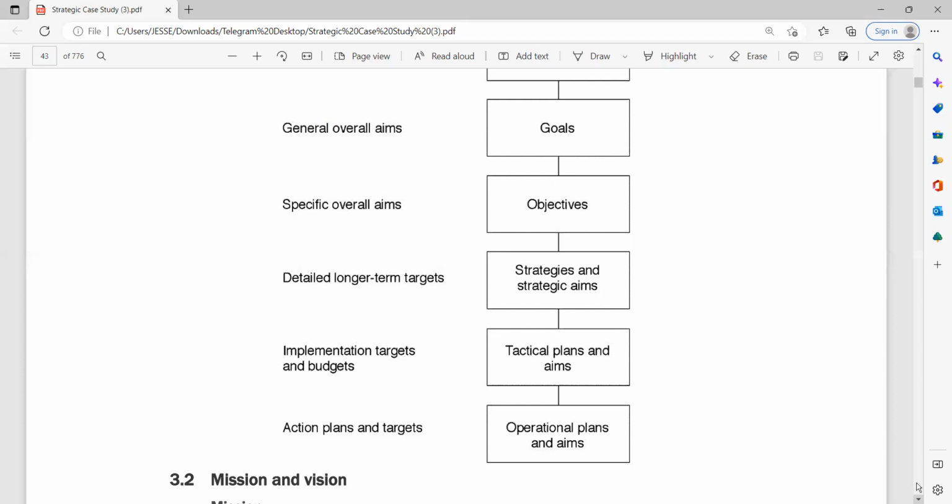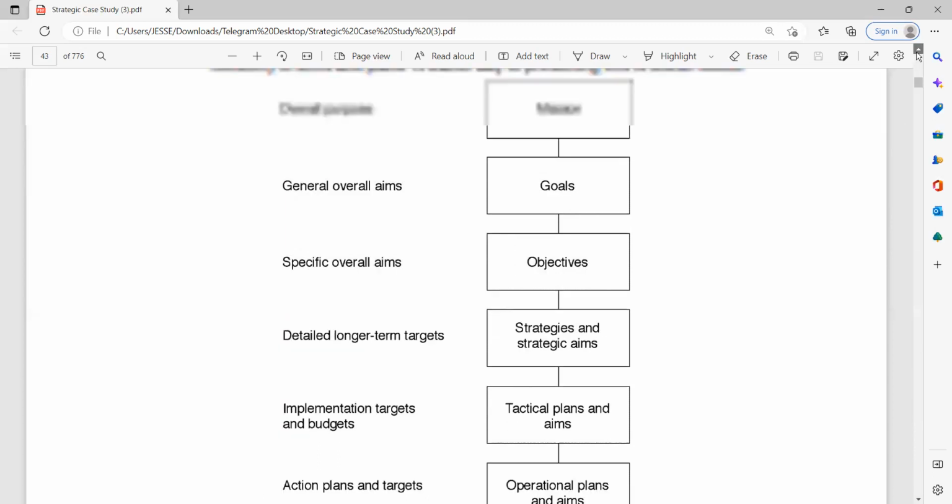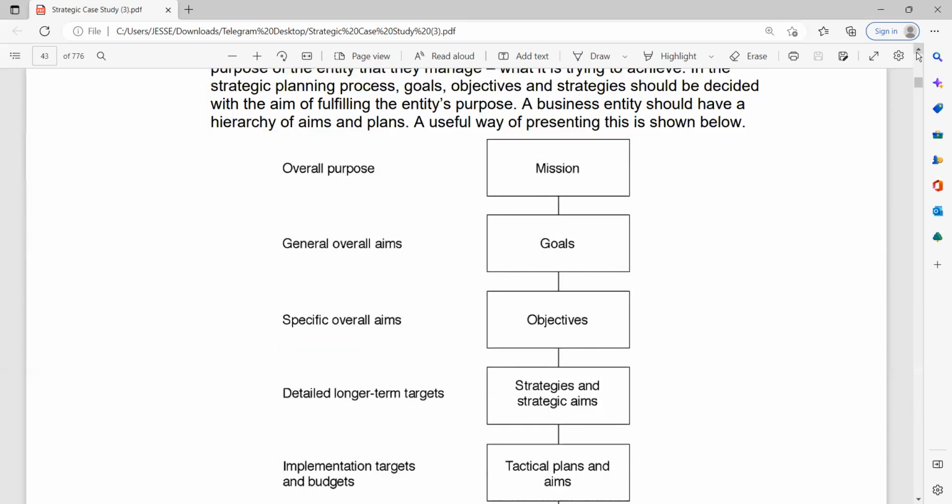So this is the hierarchy. Always please keep this hierarchy in mind. You have mission, goals, objectives, strategies, tactical plans, and then operational plans.